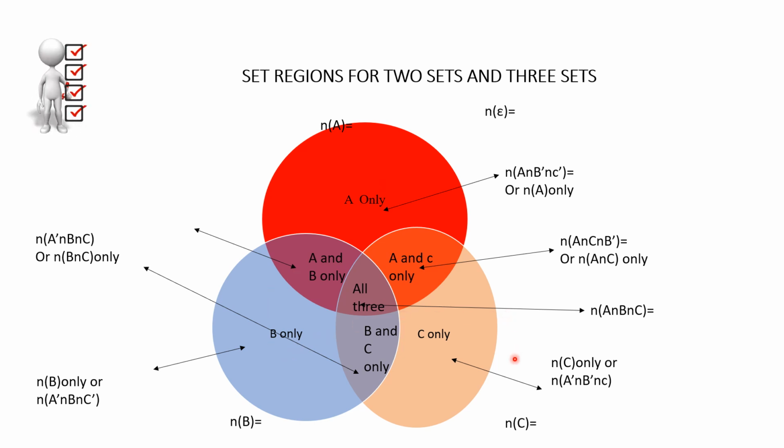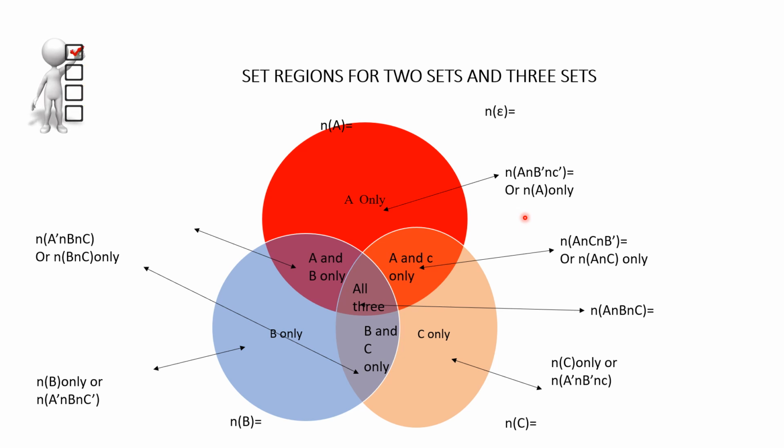Now, what disturbs people when they are writing in set notation? When you don't want to write A only, you can come here and say that. It means that the moment I say that I want members in senior 3 only, I want students in senior 3, but not senior 1 students, senior 2 students, senior 5 students, senior 4 students, senior 6 students.